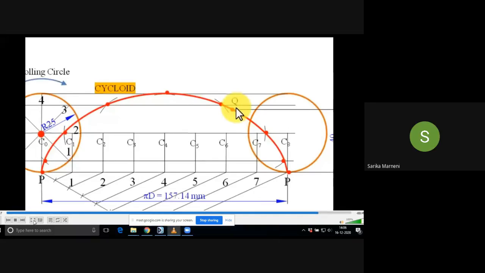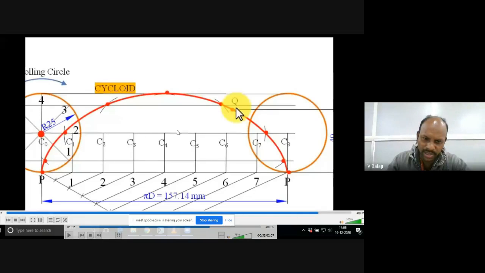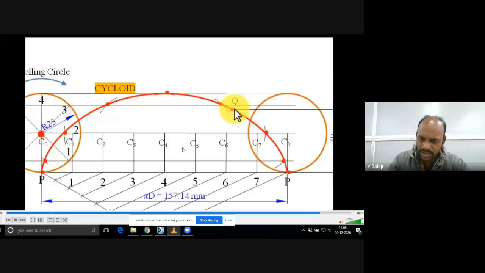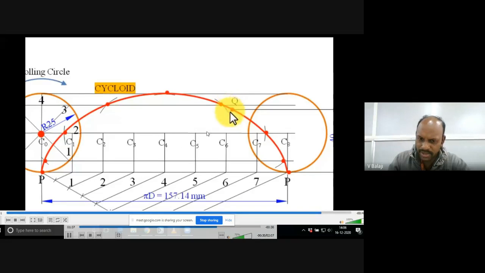The line passing through 2 and 6, the horizontal line where we have marked all the centers, C1, C2, C3. So this is the center line I am asking. With your compass set to radius 25, cut that center line somewhere here.